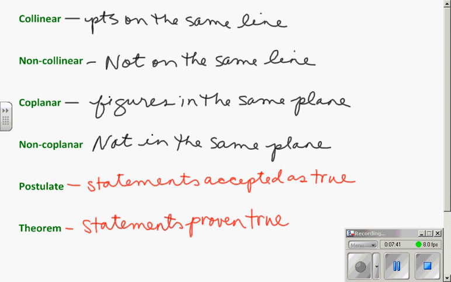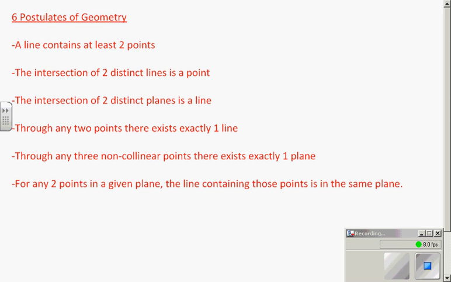Somewhere in mathematical journals, mathematical textbooks, there are proofs, step by step, of all of these. The reason that these 2 things are important, along with definitions, is these are our reasons for proofs. This is how we justify each one of our steps.